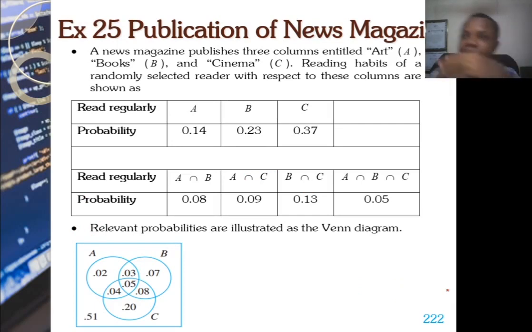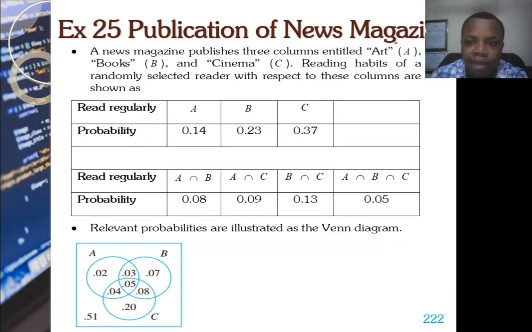Now let's look at another example involving publication in a news magazine. With this news magazine, there are 3 columns entitled the arts section, the books section, and the cinema section. Now the reading habit of a randomly selected reader with respect to these columns is shown.